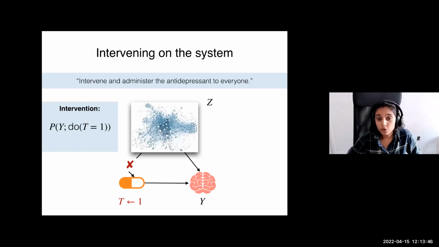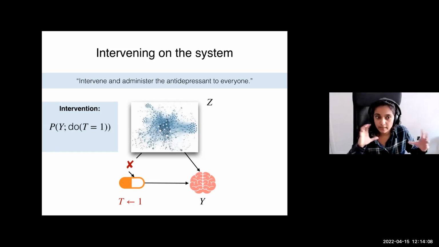This creates a new distribution, okay? And I'm going to give it a name by using this operator called do. And all it says is I'm going to consider the distribution of outcomes in a world where I've intervened on the treatment variable and set it to 1.